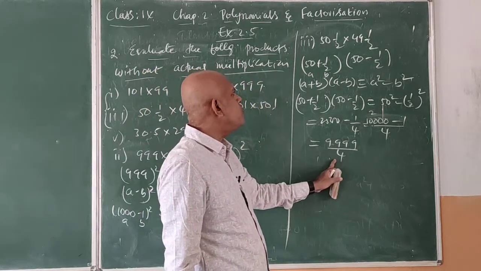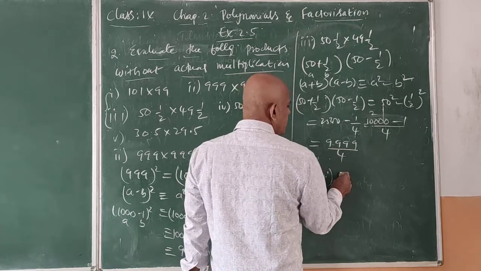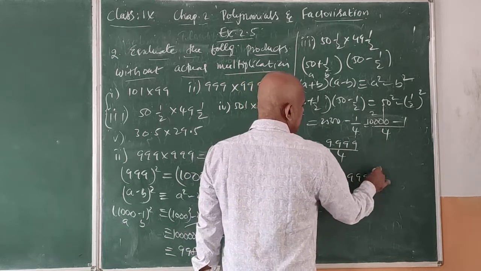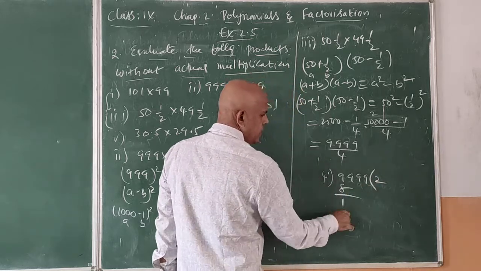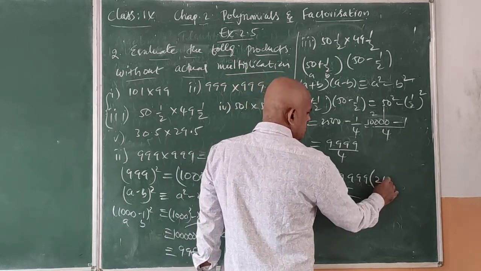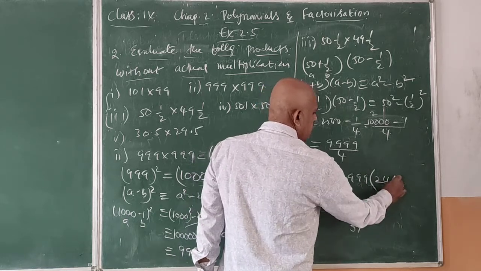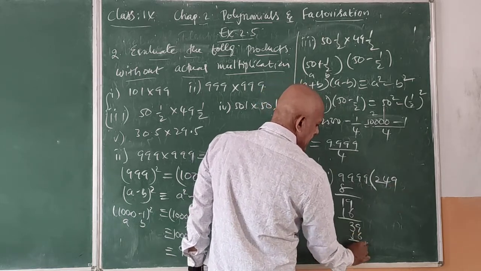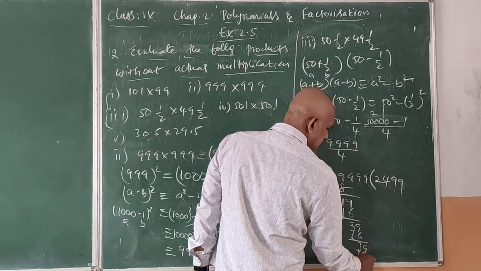Even if you want to do it in mixed fraction, you can do it by dividing. So 4 into 9,999: 4 2s 8, 1 and 9; 4 4s 16, 3 and 9; 4 9s 36, 3 and 9; again 4 9s 36, again 3.